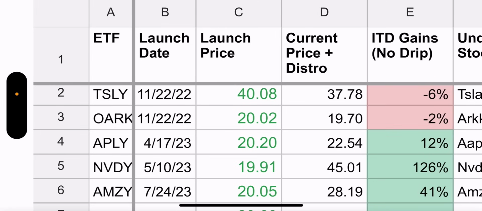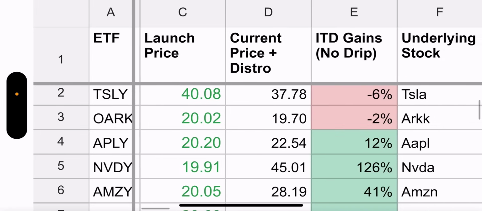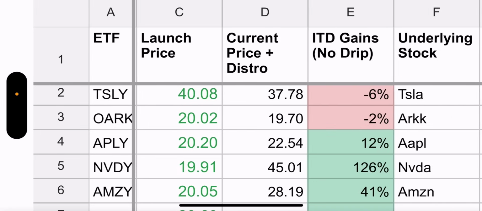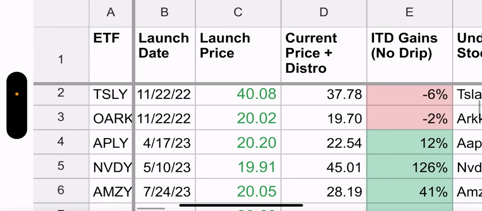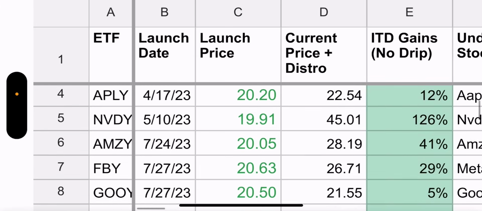I got in at 20 something. But if you got in at $19.91, you are at almost 100% profit. That's insane. Regardless, your inception to date gains are so far up 126%. This is with capital and distribution. So really, really powerful stuff right there. NVIDIA's been a really good performer.